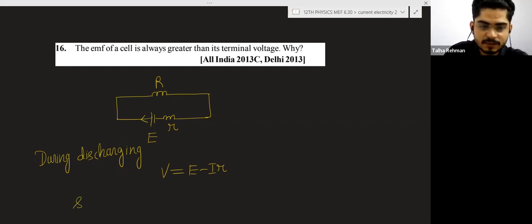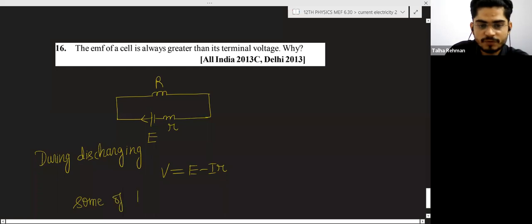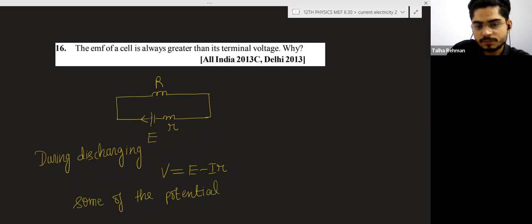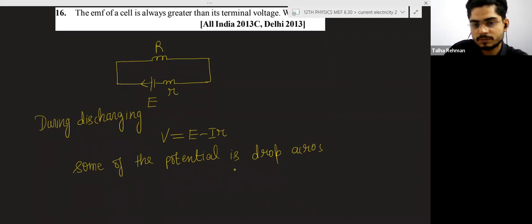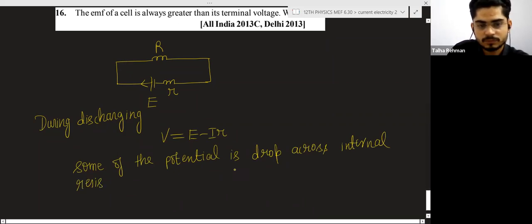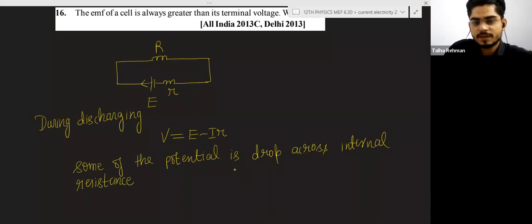So you can write: some of the potential is dropped across the internal resistance. So that is why you can say the EMF is greater than the terminal voltage.